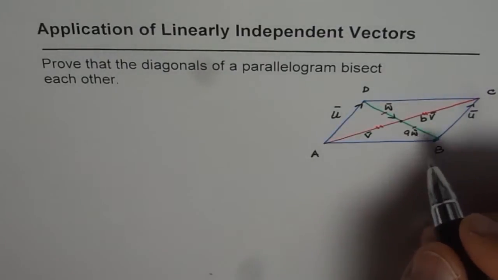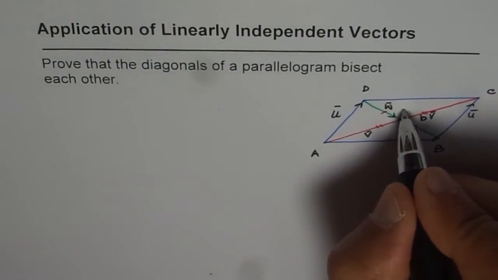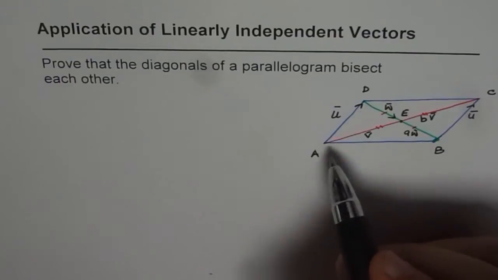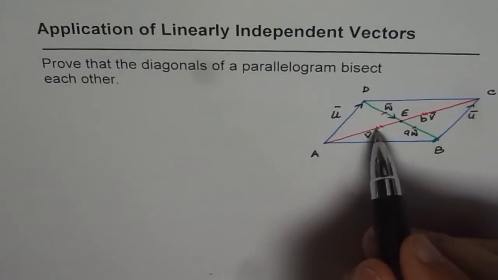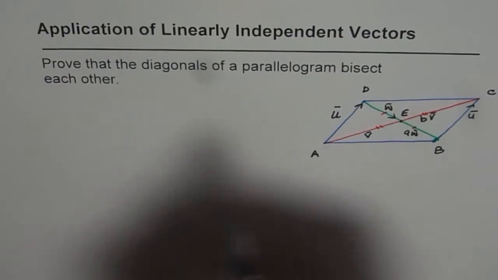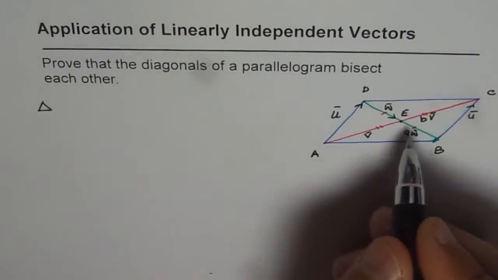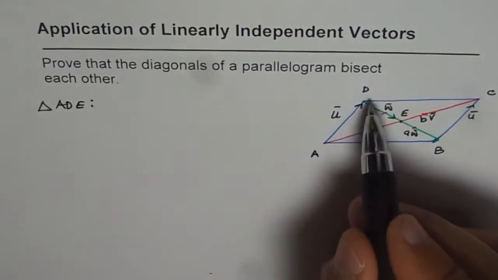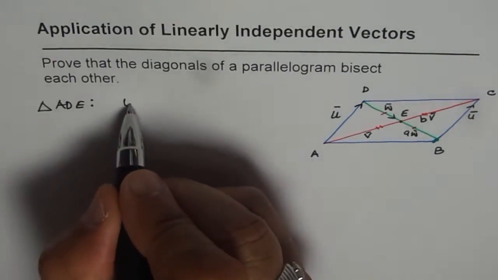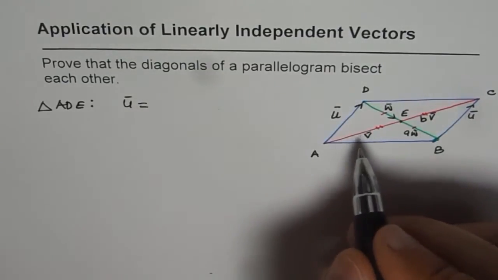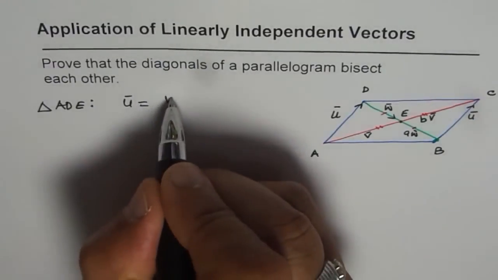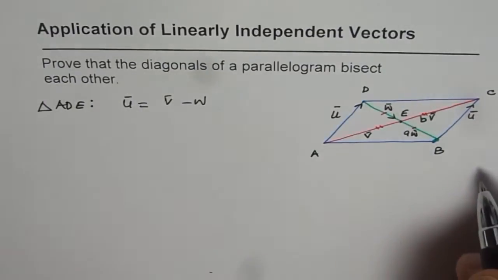And let the midpoint for us be, let's say, E. Now in this case, let us solve for the triangle ADE. Let's consider the triangle ADE. So vector u can be written as V minus W. Right?